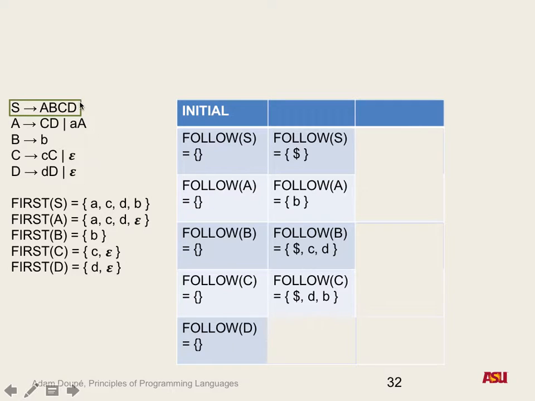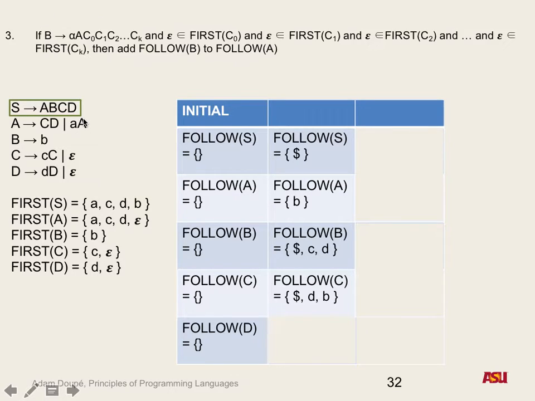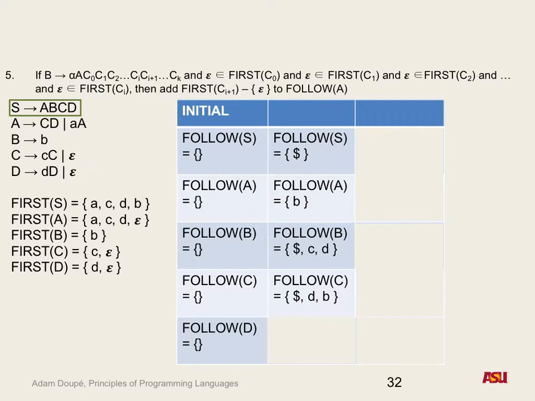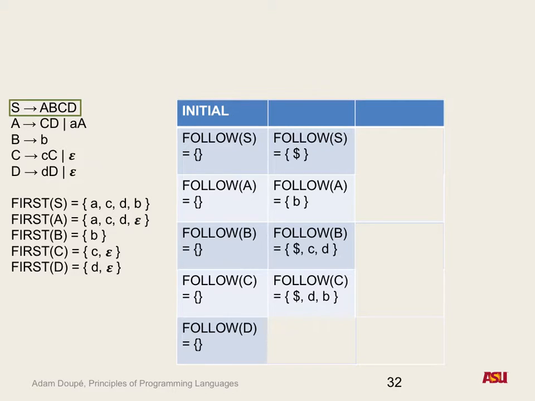Then we calculate D. So D, once again, we can look at 3 different rules. This should be easier. Does rule 2 apply? Yeah, we're the last element. We are D. We add the follow of S to the follow of D. None of these other rules will apply because we are the last element. There's nothing that comes after us in this rule.